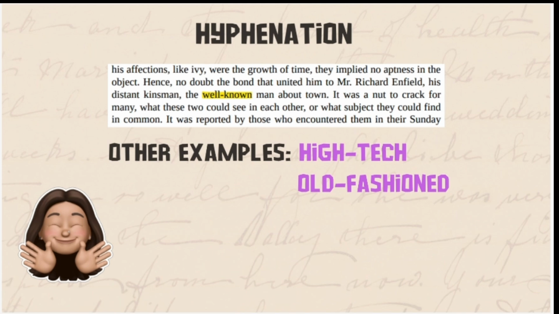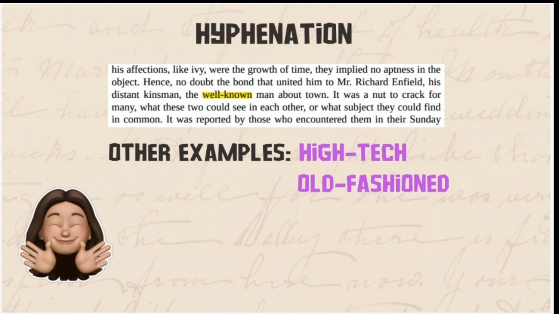And we have hyphenation. In hyphenation, a hyphen is used to join two words together, especially when they are used together to describe something. When two words are connected by a hyphen, they act as one word, usually to make the meaning clearer or to describe something more specifically. In The Strange Case of Dr. Jekyll and Mr. Hyde, the term well-known is used to describe something that is widely recognized or familiar to most people.